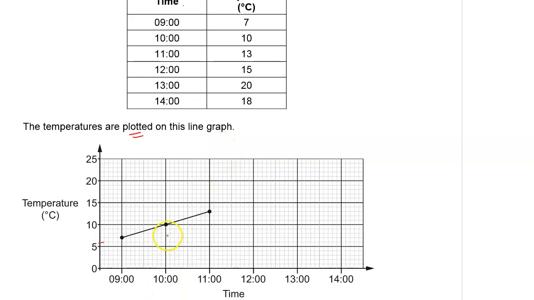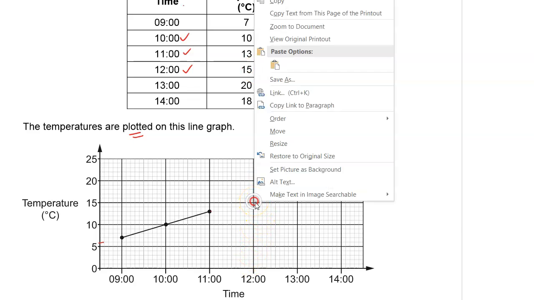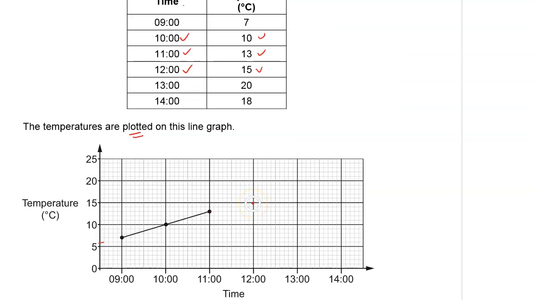Therefore, at 10, the temperature was 10 degrees Celsius. You come to x-axis 10, then 10 degrees Celsius right there. At 11, the temperature was 13 degrees. You come there, you count from 10, 1, 2, 3, get to 13. Then at noon, the temperature was 15. Temperature is 15 right there.